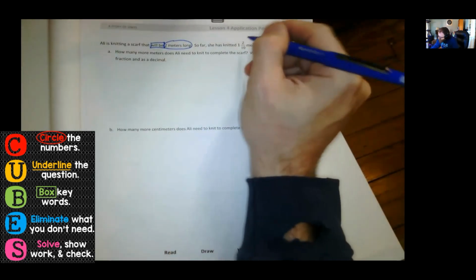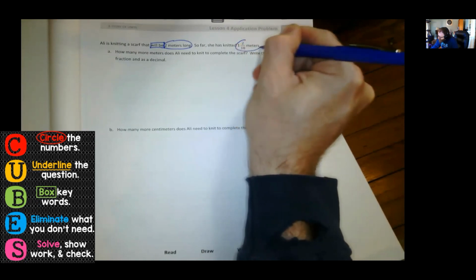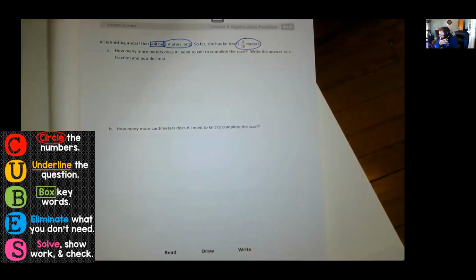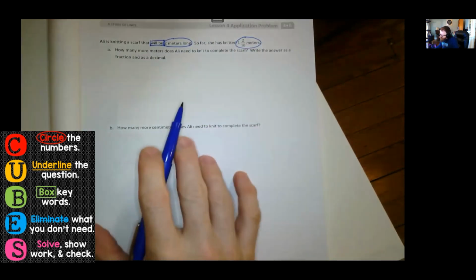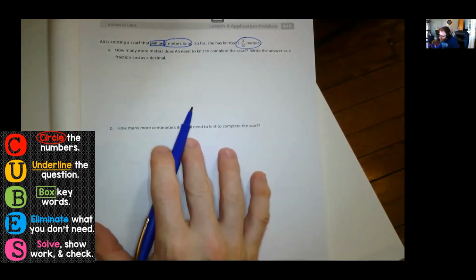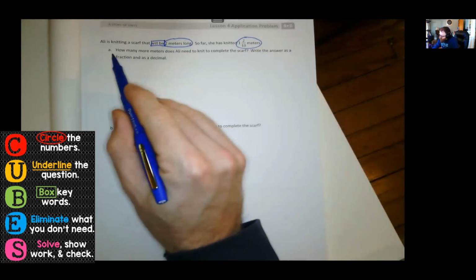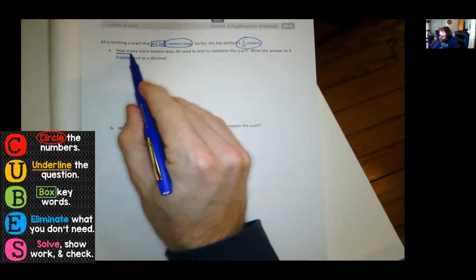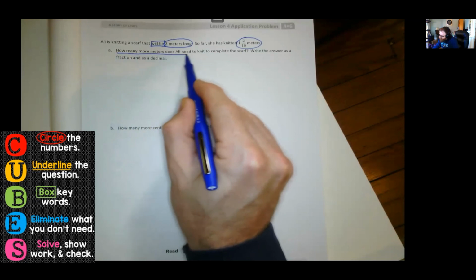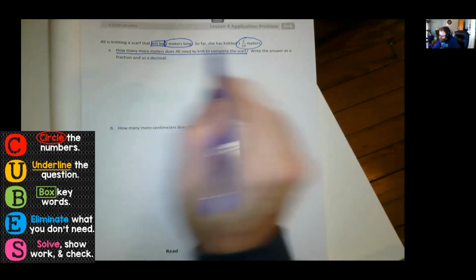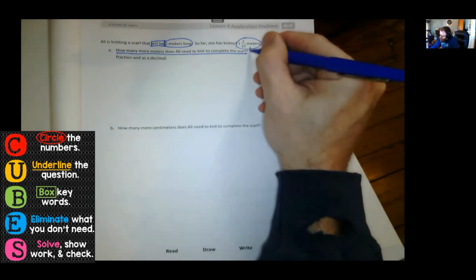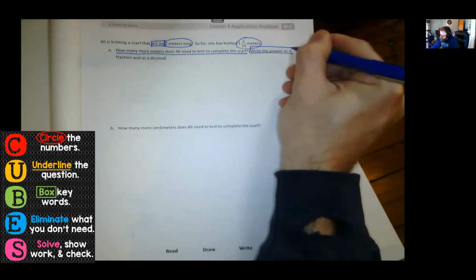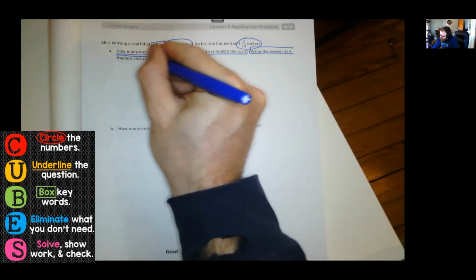So far, she has knitted 1 2/10 meters. That's how far she's gotten, and her goal is to knit a scarf that is 2 meters long. Underline your question. How many more meters does Allie need to knit to complete the scarf? We need to write the answer as a fraction and as a decimal.